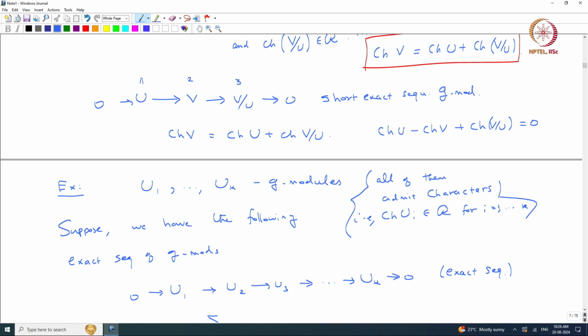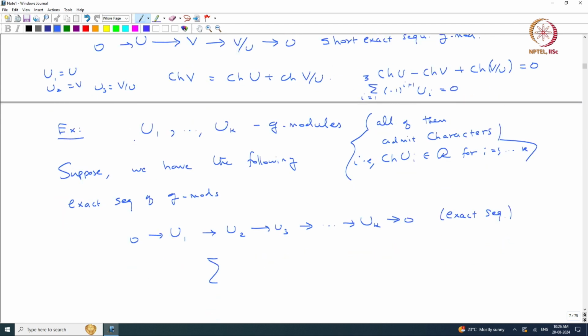Then this is written as the summation of (-1)^{i+1} times the character of u_i, i ranging from 1 to 3, equal to 0, where u1 is U, u2 is V, and u3 is V modulo U. That is how we have to interpret it.